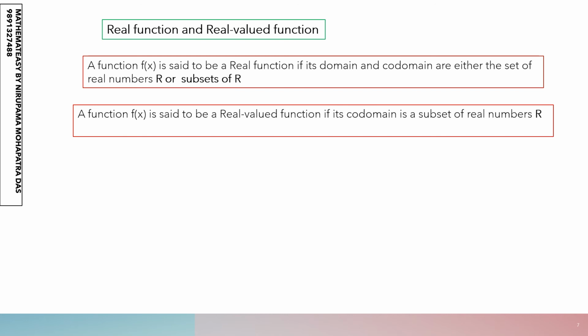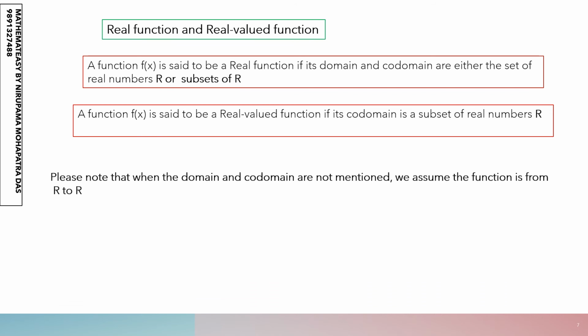In a real valued function, you have to see that the codomain is a subset of real numbers. The domain may be real or complex, no problem. But in the case of a real function, the domain and codomain both are subsets of real numbers, even if it is equal to the real numbers, since the real number set is a subset of itself. So not an issue if you write it is a subset of real numbers.